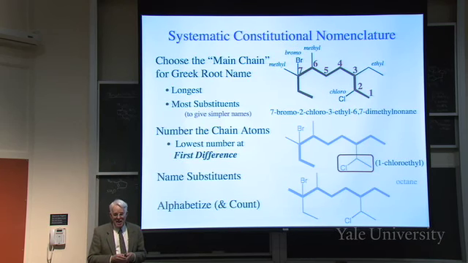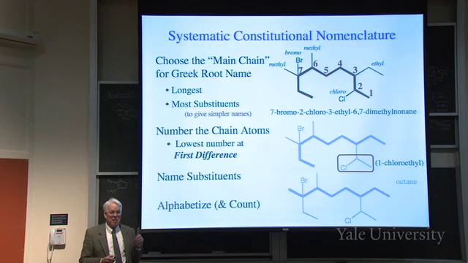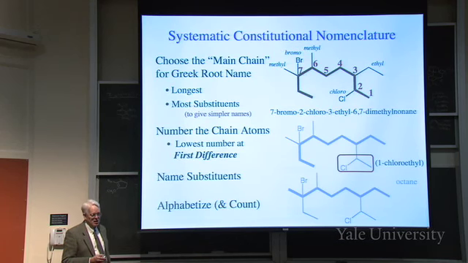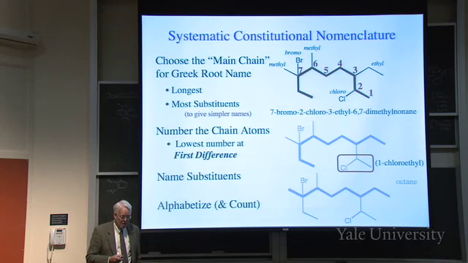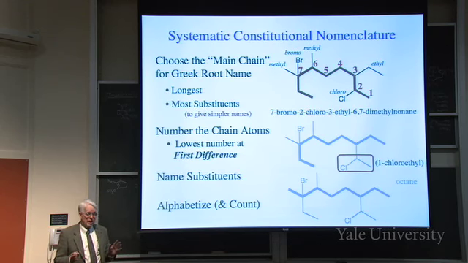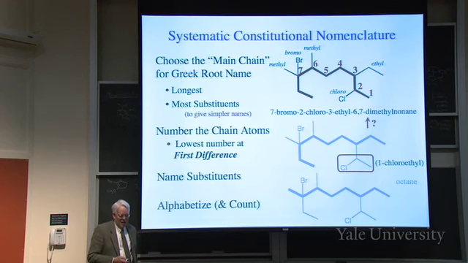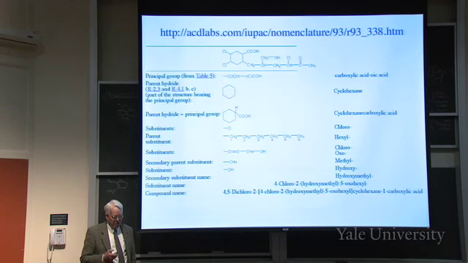Now, you might say dimethyl should be alphabetized by D, not by M. But that's not the way it's done. It's done by the group name, and the prefix that tells the number doesn't enter into the alphabetizing. Usually, although some people do it the other way. Okay, so that's the question about the D.